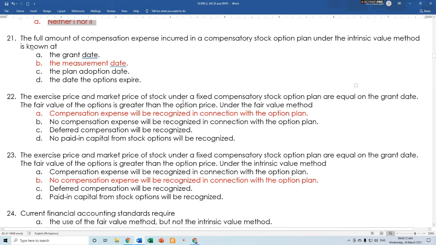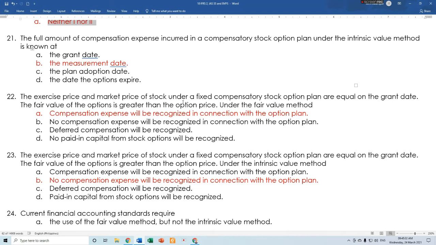21, the full amount of compensation expense incurred in a compensatory stock option plan under the intrinsic value method is known at. Okay, so magkano daw yung compensation expense na i-recognize? Okay? So kapag intrinsic value method yan, it is going to be known at the measurement date.